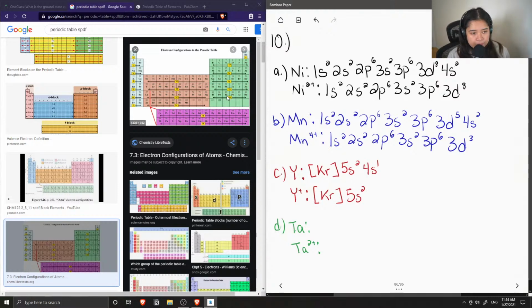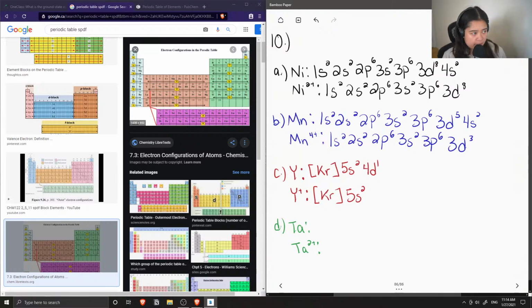So notice that this time I took an electron from the 4d orbital, and this is because since there's only the 1 electron there, then it's most likely to just lose that electron than to take it from the 5s orbital.